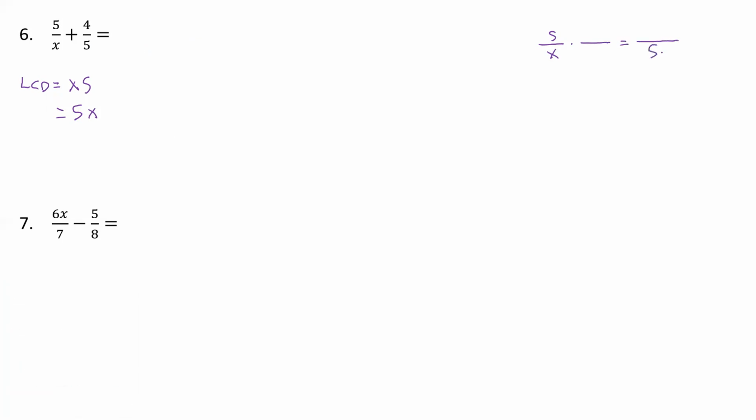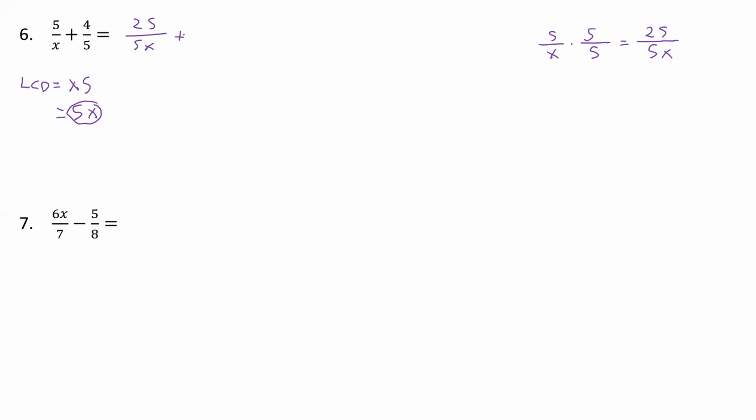And what we want is 5x in the denominator, because we said that was our LCD, right? So that's what we want to get to. So what do we have to multiply x by to get 5x? Well, we have to multiply by 5. So guess what? We have to multiply that by 5 as well. So now we have 5 times 5 is 25. 5 times x is 5x. And so we've rewritten the first one as 25 over 5x.